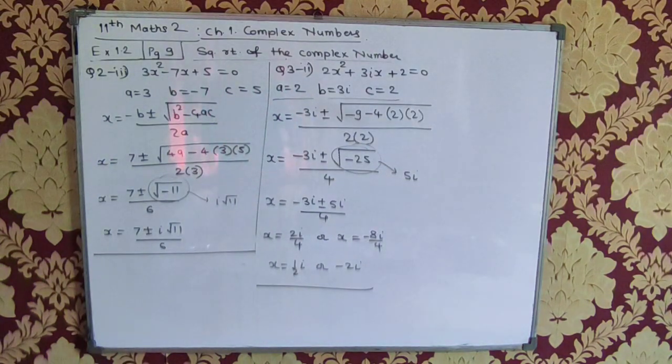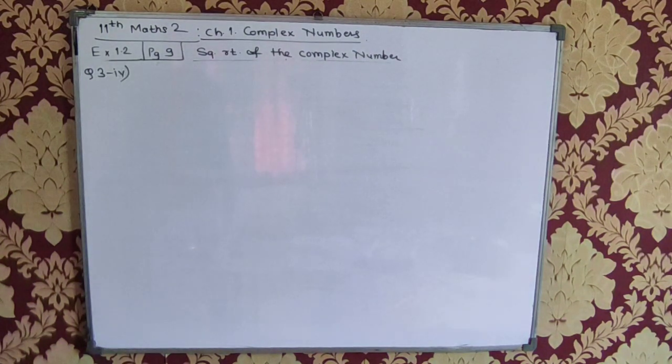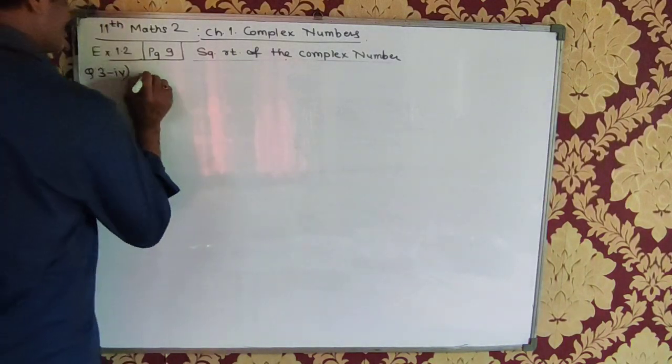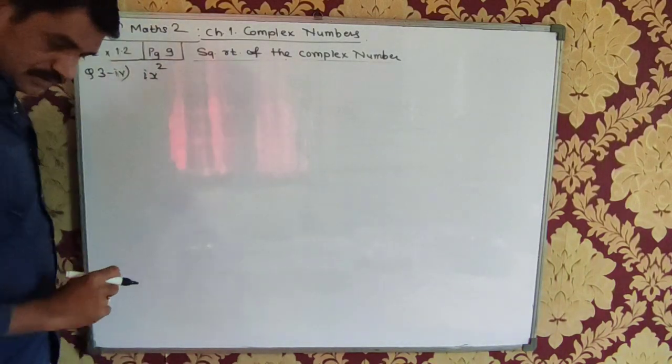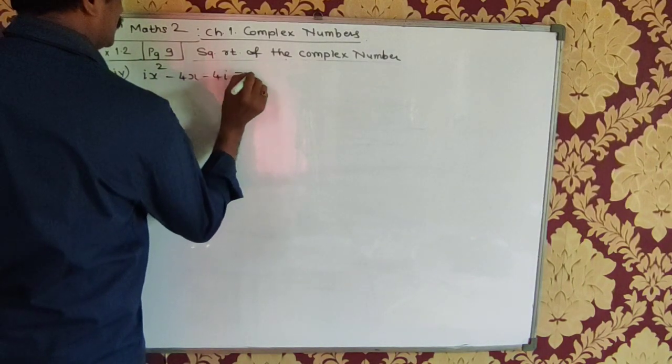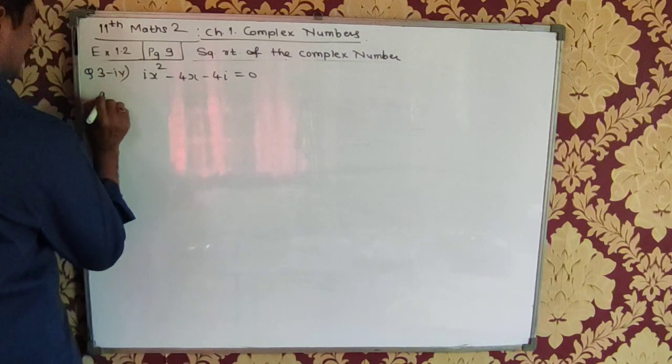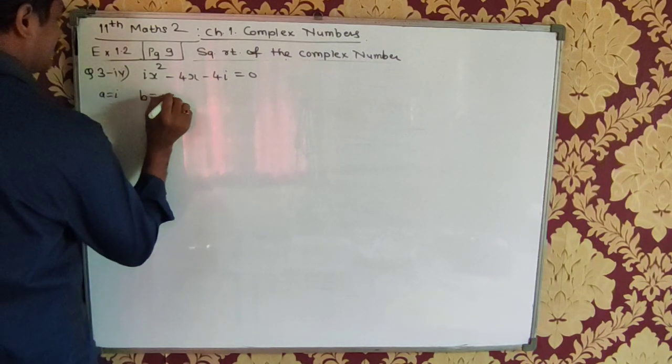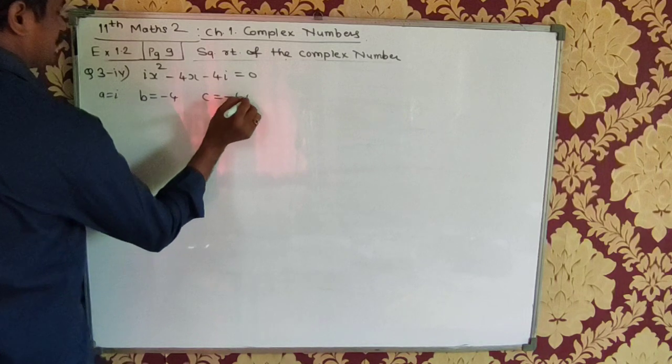Please take the screenshot. Question number 3, part 4. Solve the following quadratic equation: ix square minus 4x minus 4i is equal to 0. A is equal to i, b is equal to minus 4 and c is equal to minus 4i.